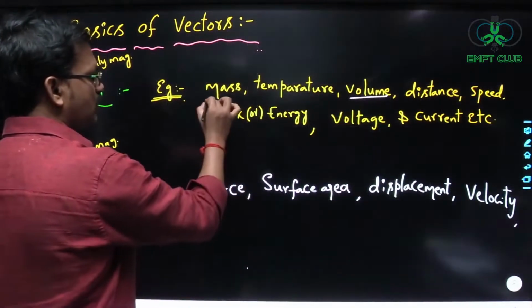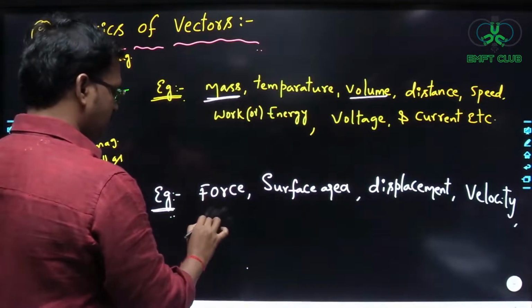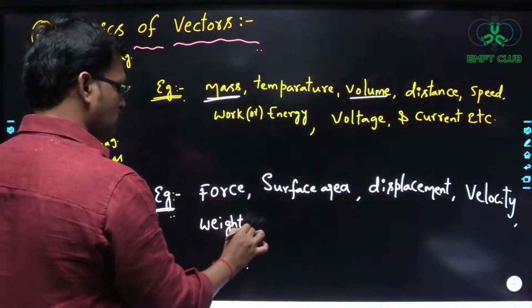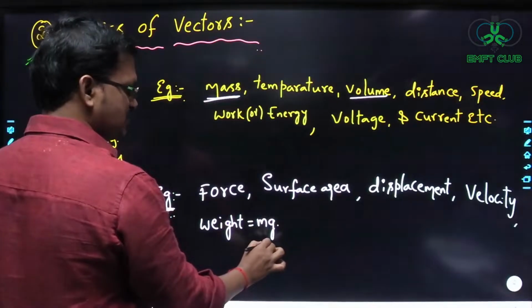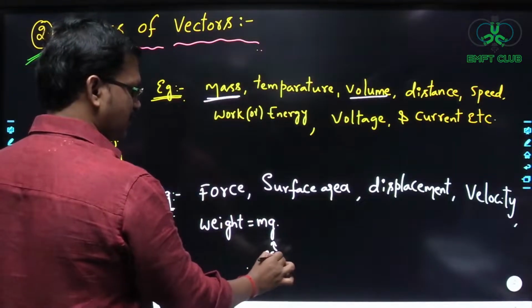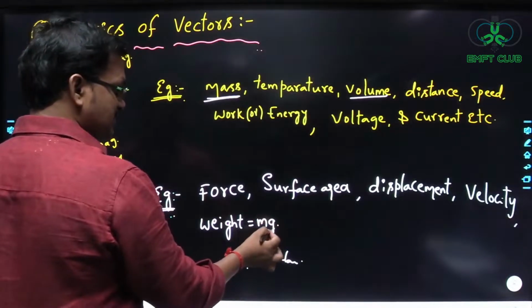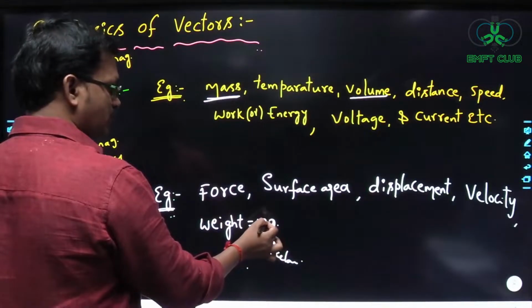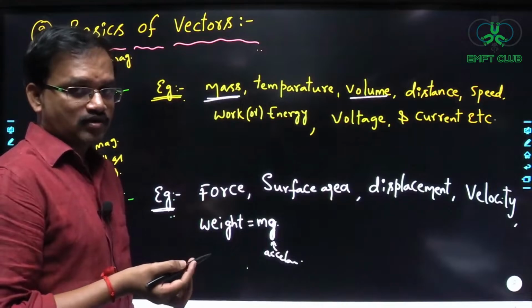I have told that mass is a scalar quantity, whereas weight is equal to m into g. Here g is the acceleration due to gravity. This is going to have direction. Acceleration is a vector quantity, isn't it?